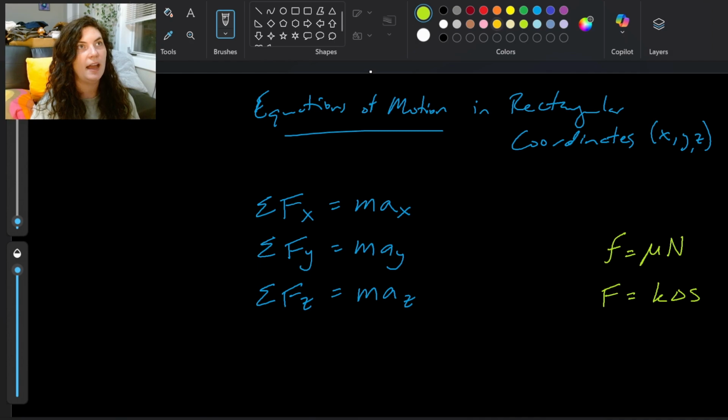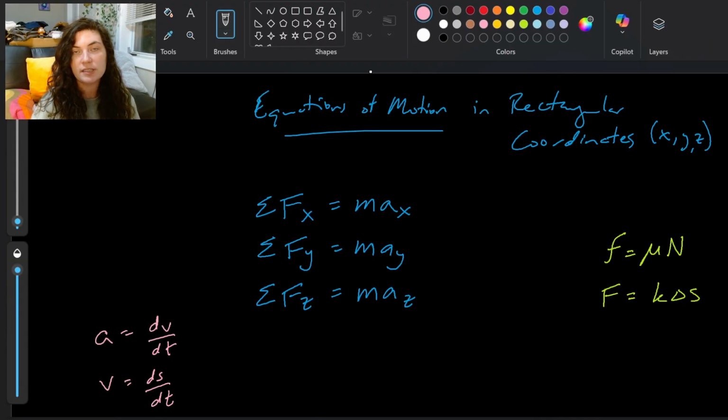And then our kinematic equations that we talked about previously, when we were solving all of those kinematic problems: if our acceleration is not constant, we know that a is dv/dt and v is ds/dt.